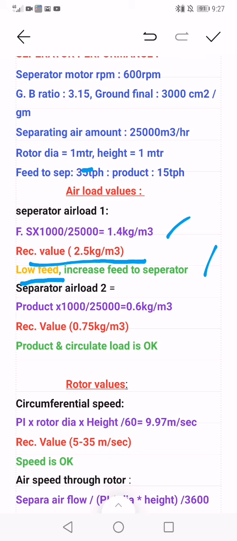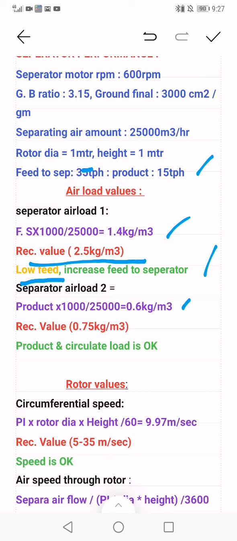And the second one is separator air load 2, that is product, how much we are getting: 15 tph converted to kg, divided by flow, that means we are getting here 0.6 kg per meter cube.